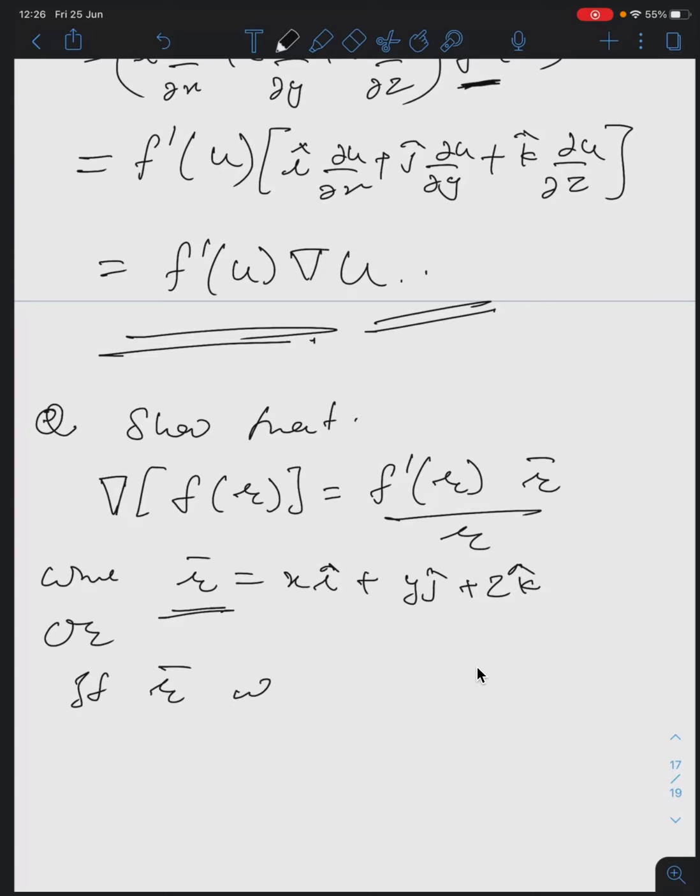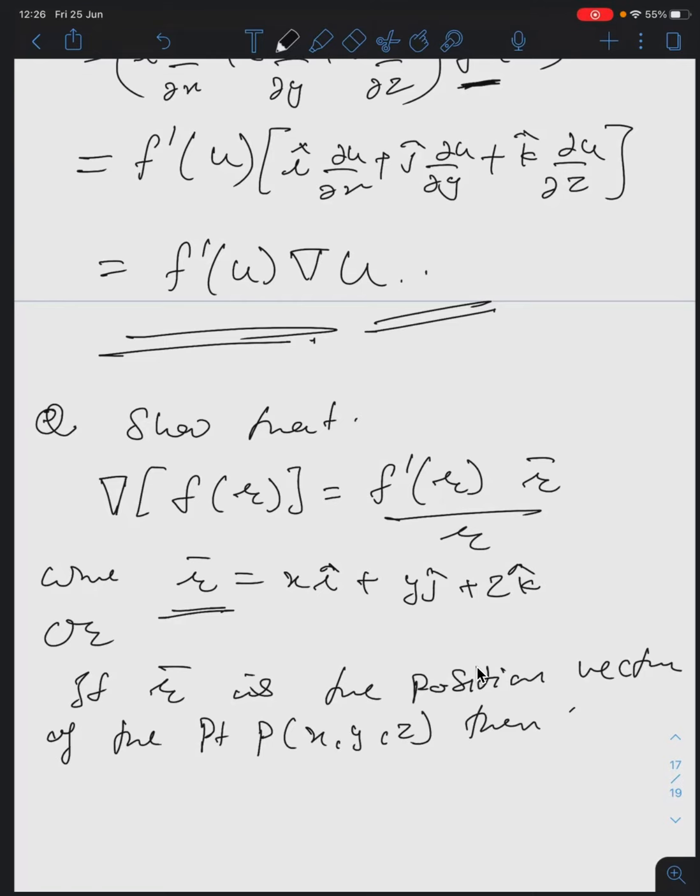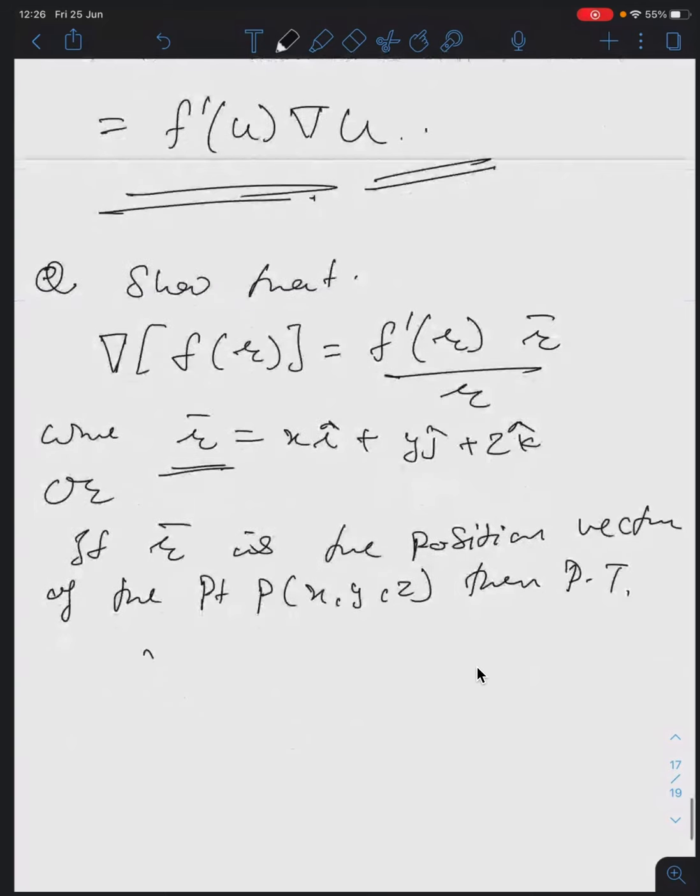So if R bar is the position vector of the point xyz, then prove that del f of r is equal to f dash of r into r bar by r.